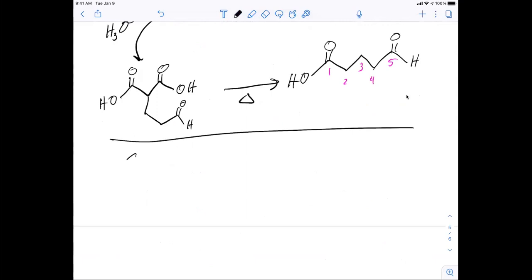The next reaction is called the Stork reaction, or Stork-enamine reaction.